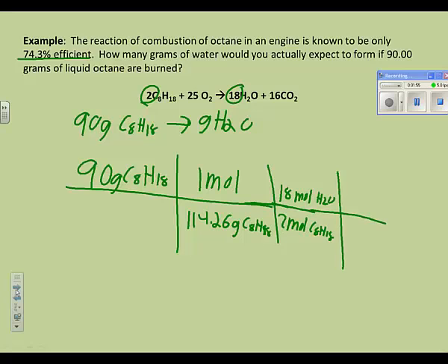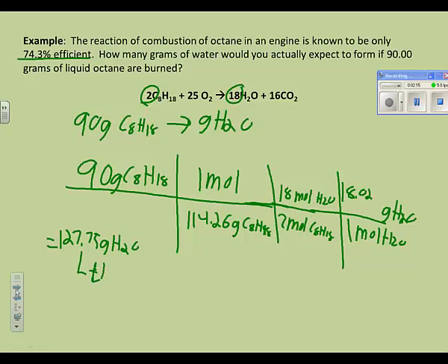Now we convert away from moles. We have 1 mole of H2O. We're going to grams of H2O. So we're going to use the molar mass of H2O, which is 18.02, one you should have memorized by now. Do that math, and that gives you 127.75 grams of H2O. Now that is your theoretical yield.